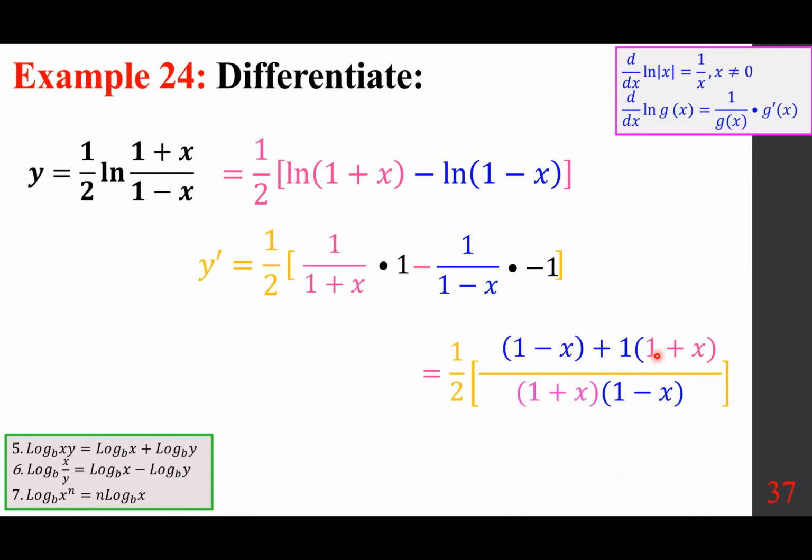All you have to do is simplify the numerator, and here's what we get. I hope you see that it's 2. The 2 cancels out the 1/2, and we get 1 over 1 minus x squared, because the product of these two is 1 minus x squared.